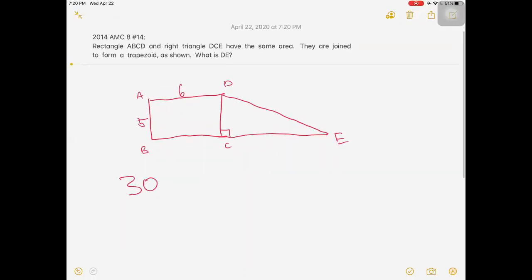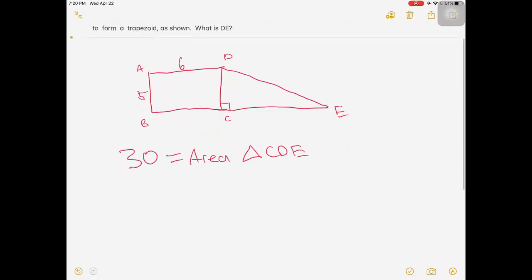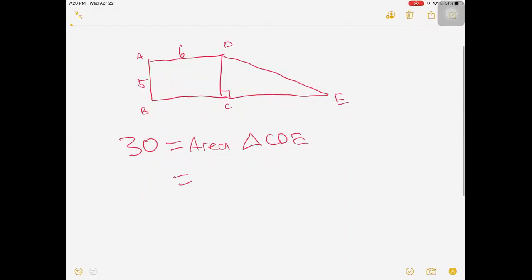So we have 30 is also equal to the area of triangle CDE. And we also know that the area of CDE is equal to the length of CD times CE divided by 2.